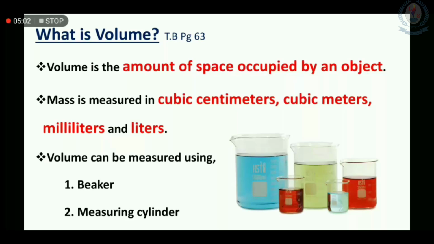It means that the books have a volume. Okay? Volume can be measured in cubic centimeters, cubic meters, milliliters, and liters. Volume can be measured by using measuring instruments such as beaker, measuring cylinder, so on.